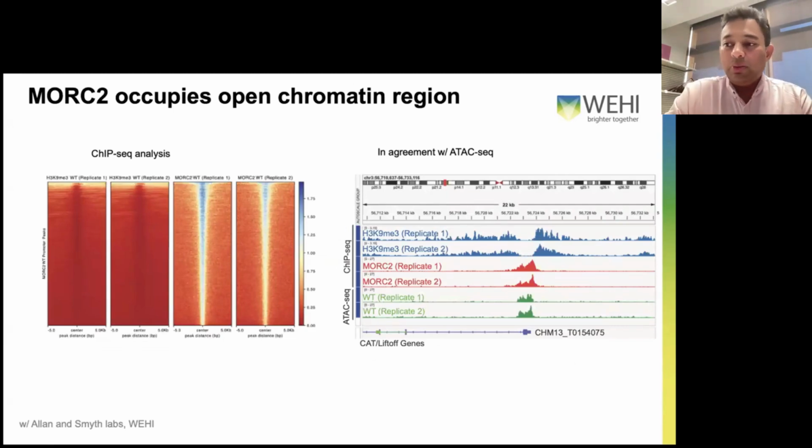We then wanted to probe within the cells where MORC2 is actually present in the genome. And for that, we collaborated with Resilience Lab and Gordon Smyth's lab at WEHI, and using ChIP-seq analysis as well as ATAC-seq analysis, we showed that MORC2, although it's meant to work together with HUSH, which recognizes the H3K9 trimethylation marks, here we see an anti-correlation where MORC2 is present wherever the trimethylation mark is not.